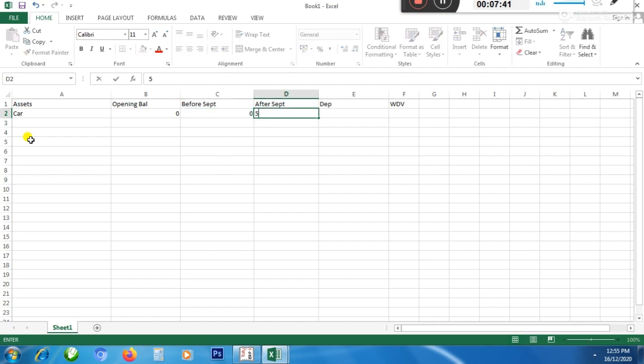After September is 5 lakh. Depreciation is directly half the rate, 7.5%. Written down value will be opening balance plus before value plus after value minus depreciation.